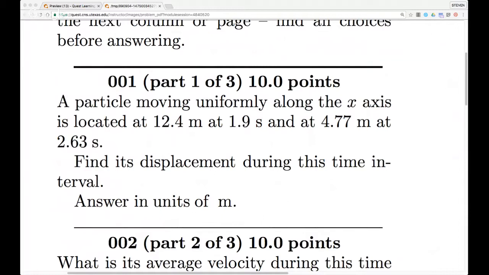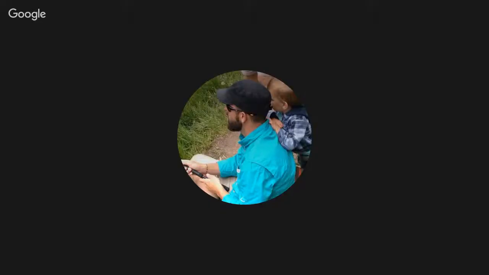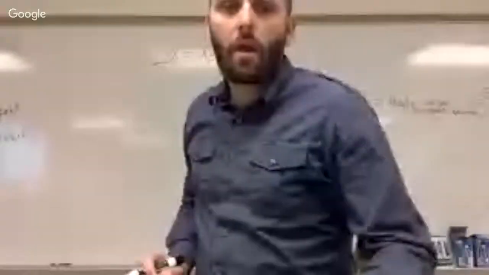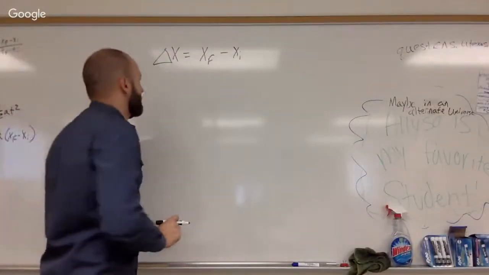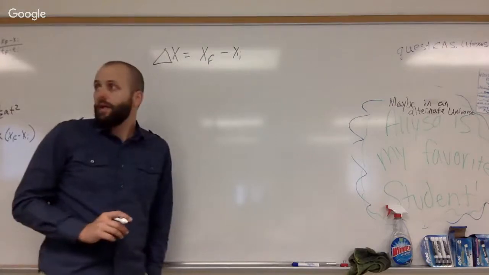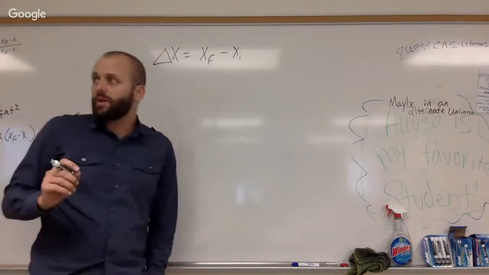So real quick, I'm going to move from the board and then show my video. Let's see, stop sharing. There we go. So we see that it gives us final position and initial position. In this case, we are going to look at the times.